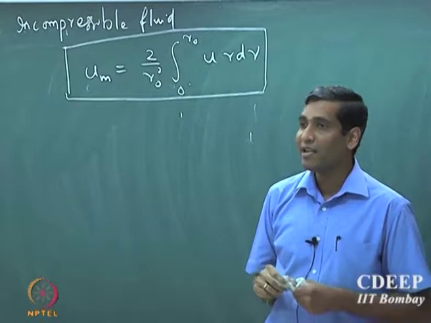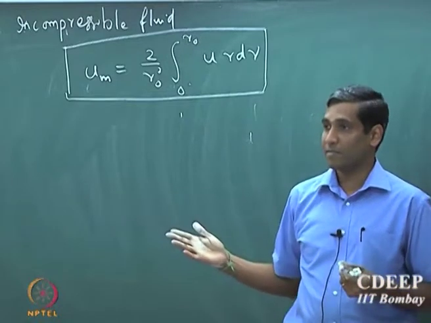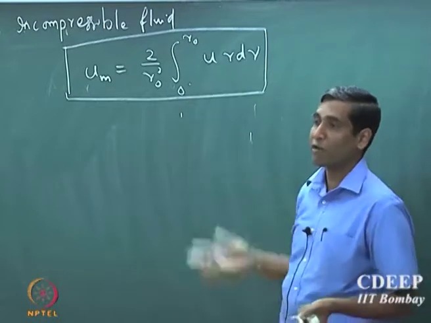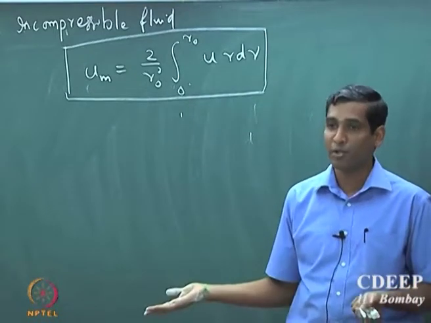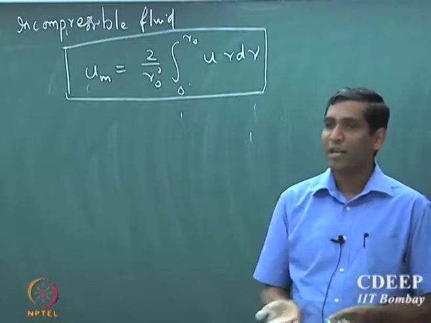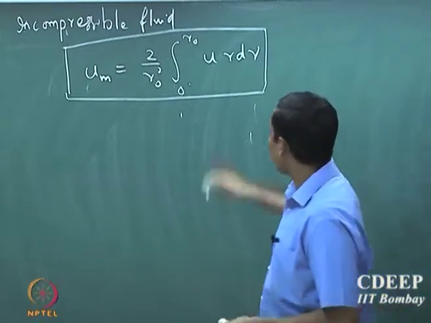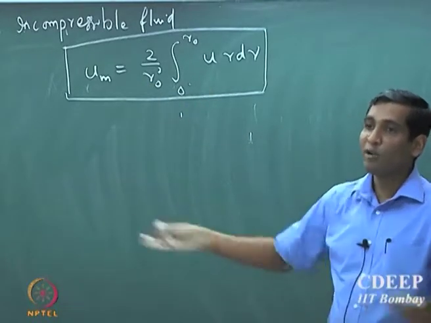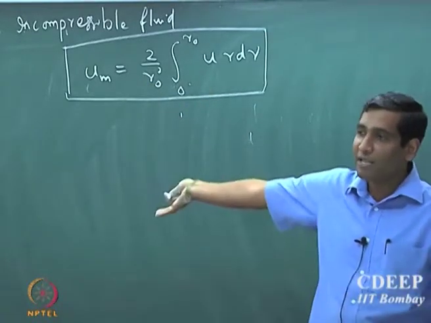Now this is valid at every location. If it is in a fully developed regime, then u is not a function of x position. But before the fully developed regime, u is a function of both x and r, and therefore you have to consider the whole dependence on radius at all locations, starting from 0 to L, if L is the length of the tube.